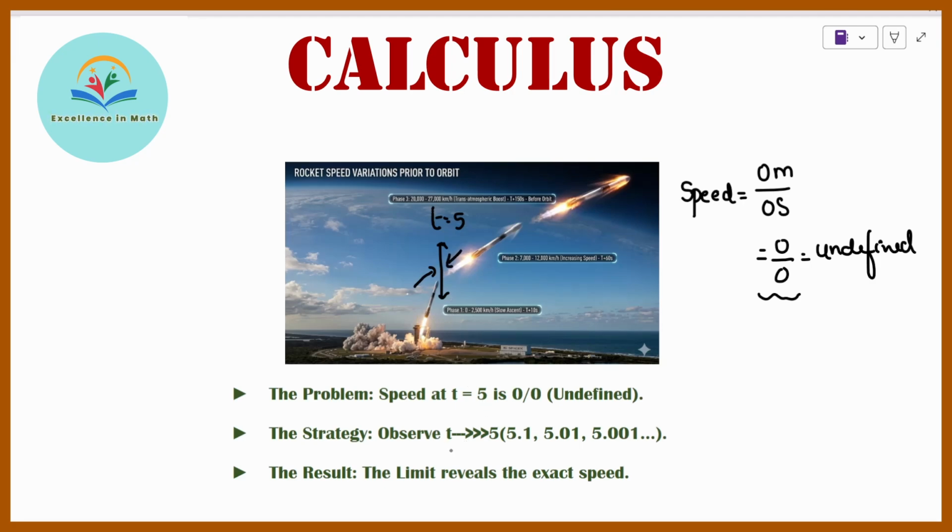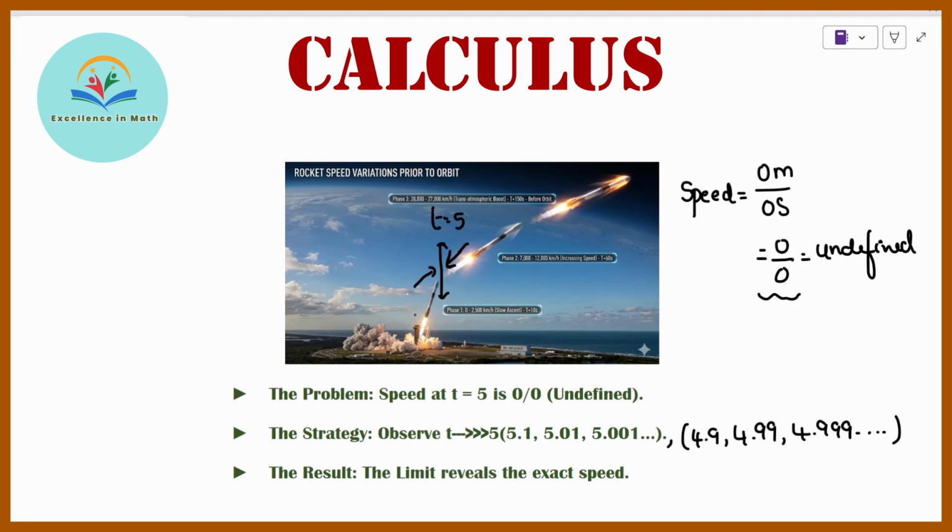I am going to calculate the speed of this rocket at 5.1, 5.01, 5.001, just close to t = 5. Similarly, I can calculate on the left-hand side, with t values like 4.9, 4.99, 4.999, that is close to 5.